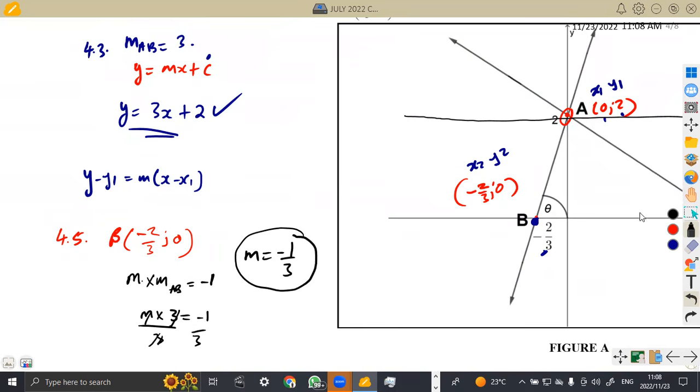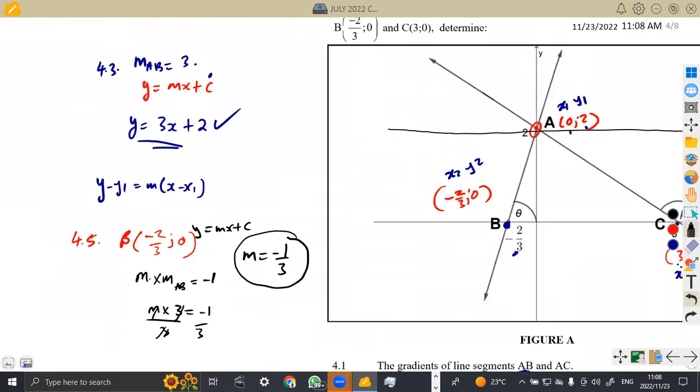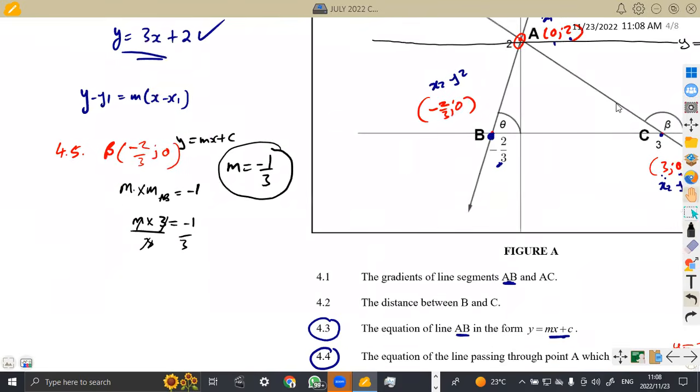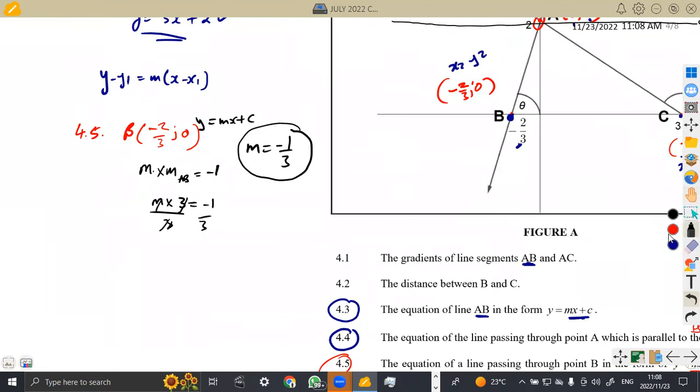So remember, you're finding the equation in the form of y is equal to mx plus c. There are so many ways you can just substitute directly into the format of the equation that you're given, which is y is equal to mx plus c. Since m is there, so y is equal to m, that's our gradient. In place of m, substitute minus 1 over 3 x plus c.